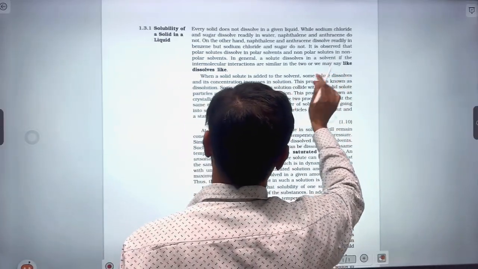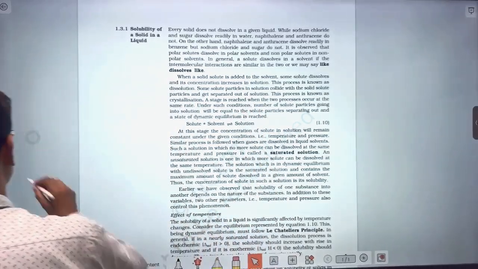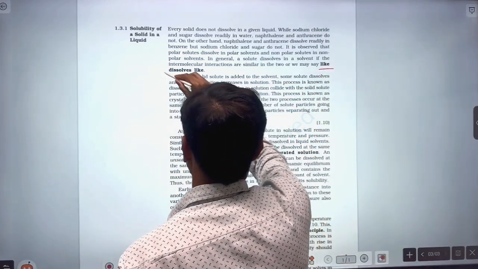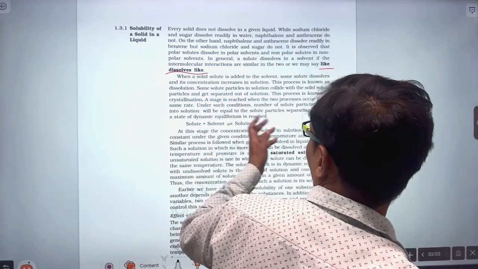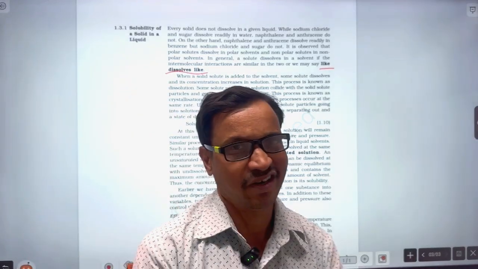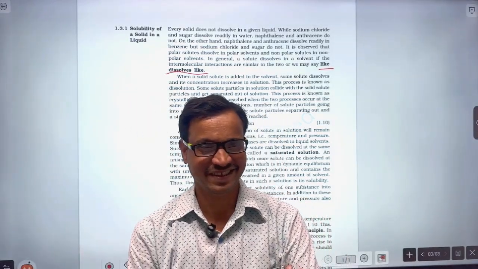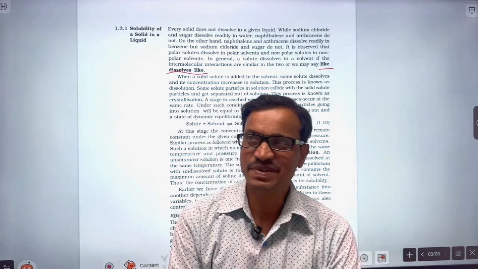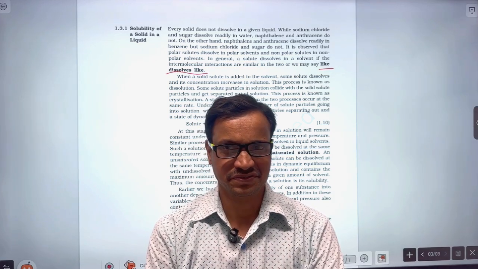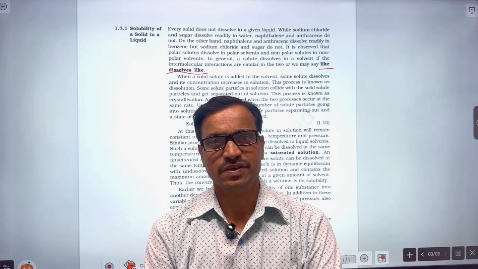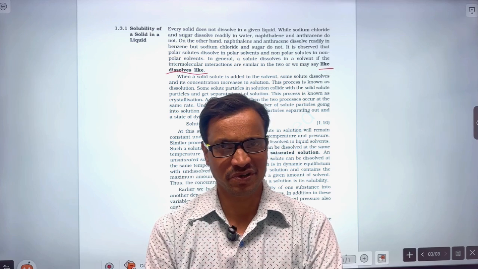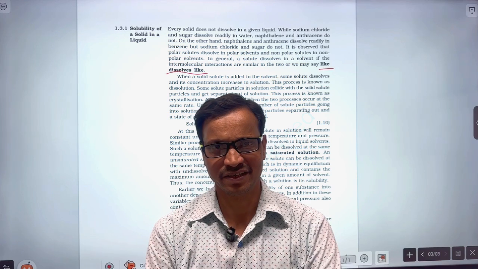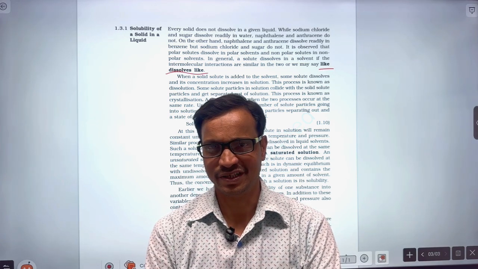Everyone knows like dissolves like. Every student is aware of this slogan, like dissolves like. But what is actually its meaning? When you would like to dissolve a solid in a liquid, there is a concept that like dissolves like. It means that a polar solute can dissolve in a polar solvent only, and a non-polar solute can be dissolved in a non-polar solvent only.